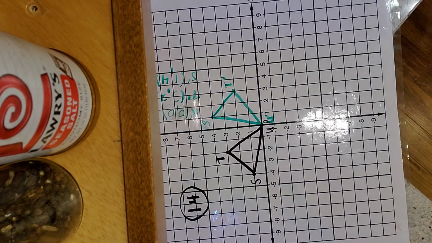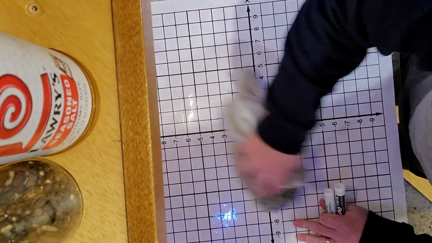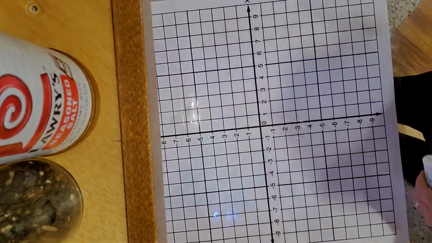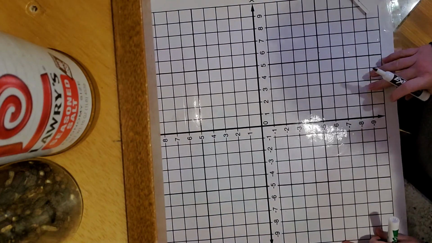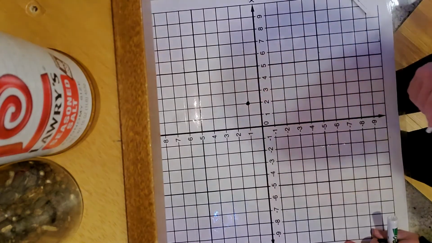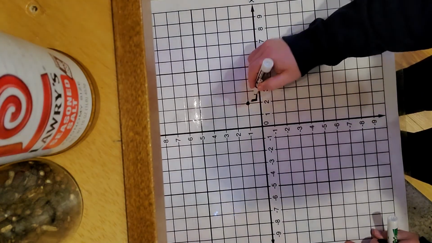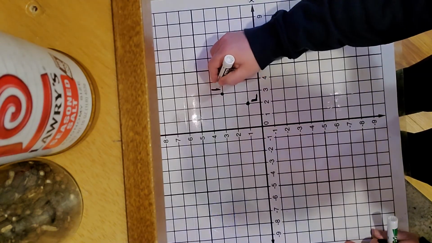Okay, then on problem number 15, now they want us to do a reflection. So the original problem on 15 starts out with a quadrilateral. There's a point L located right here. There's a K that's right here.